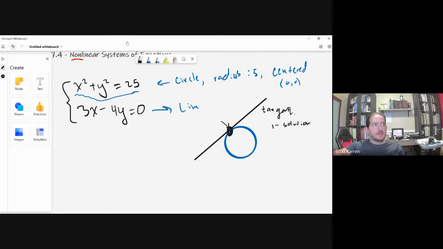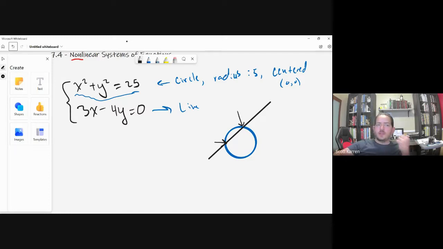But my other option is that this line might go through the circle and touch it at 2 points. So it is valuable to be able to visualize what's happening with the shapes. Sometimes you can't because these equations can get a little bit hairy, but those are my three options. I'll either have no solution, one solution, or two solutions.